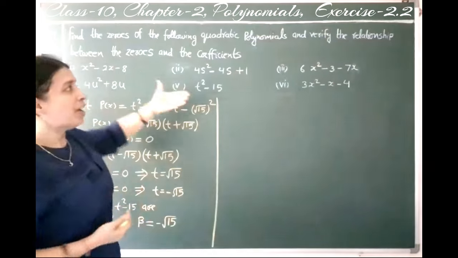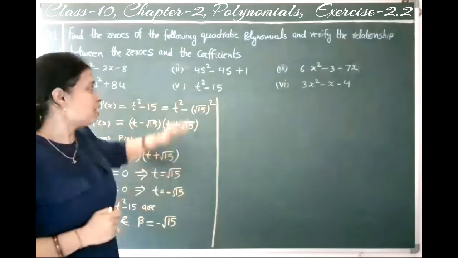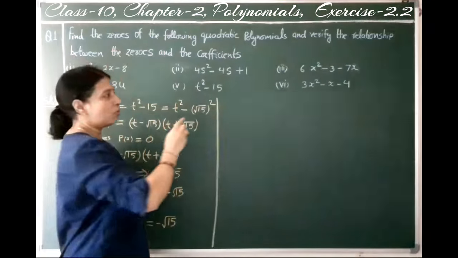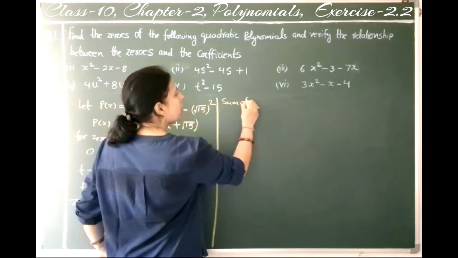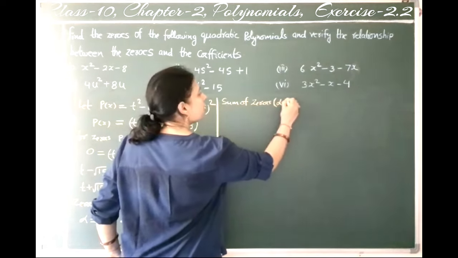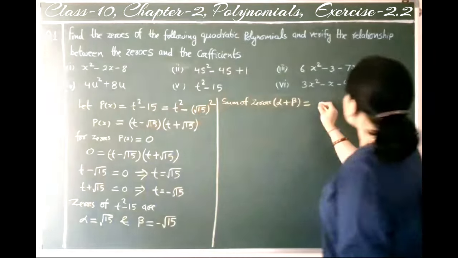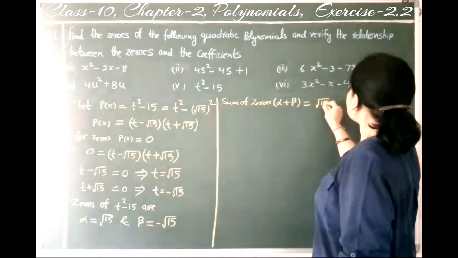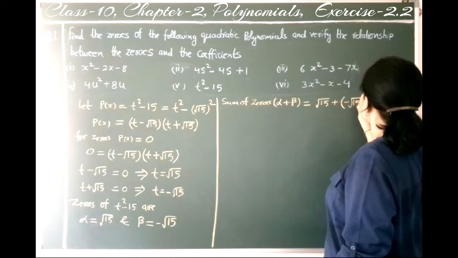And now we have to verify the relationship between zeros and coefficients of this polynomial. So first we have to find out the sum of zeros. This is alpha plus beta is equal to root 15 plus minus root 15.